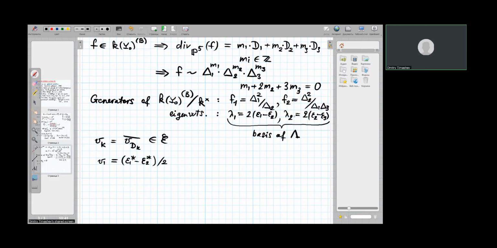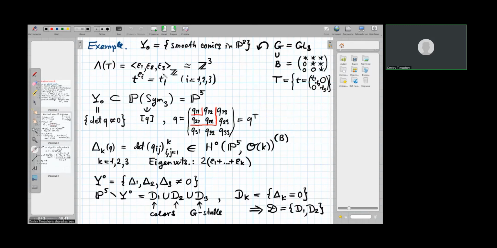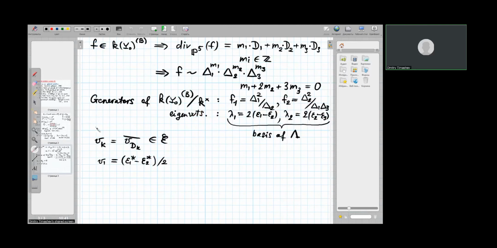Well, in fact, I should be more precise here, because the weight lattice lambda is a sublattice in the character lattice of T. So this one is of rank 3, and this one is of rank 2, isomorphic to Z to the 2.